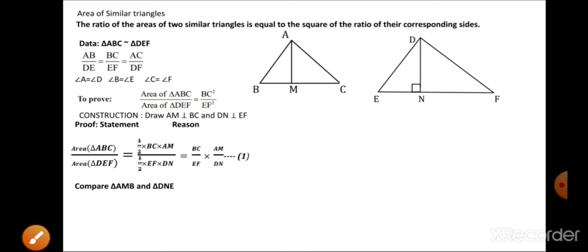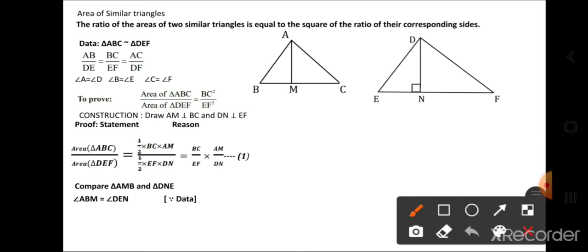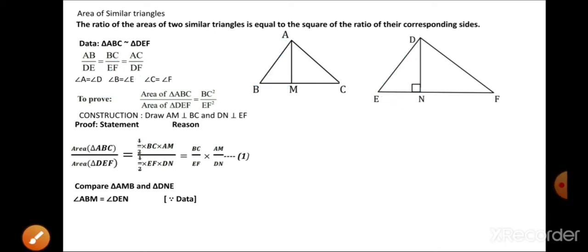So angle ABM is equal to angle DEN, since the two triangles are similar, their corresponding angles have to be equal, according to the given data.